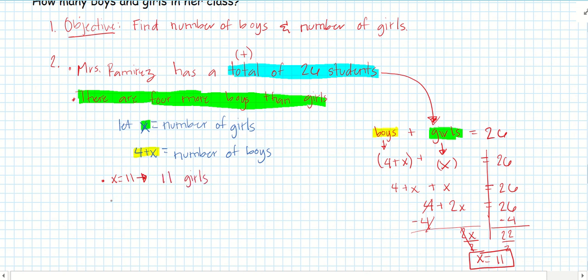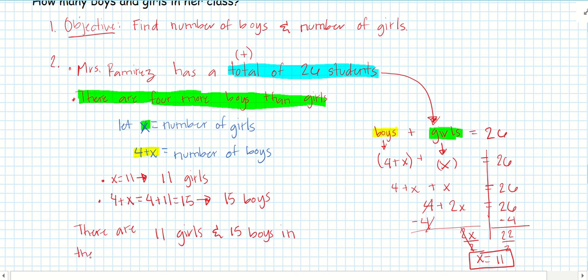And then 4 plus x, that'll be 4 plus 11, which equals 15. So that means there are 15 boys. So we can say there are 11 girls and 15 boys in the class.